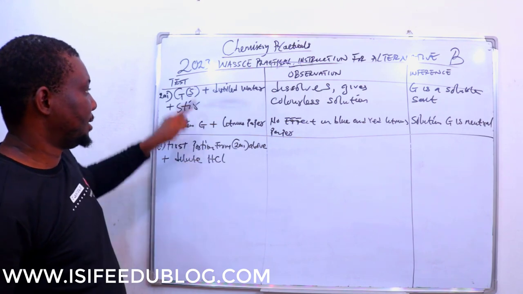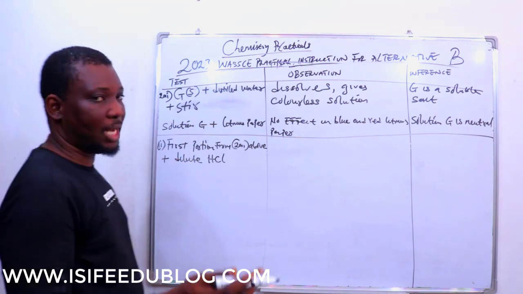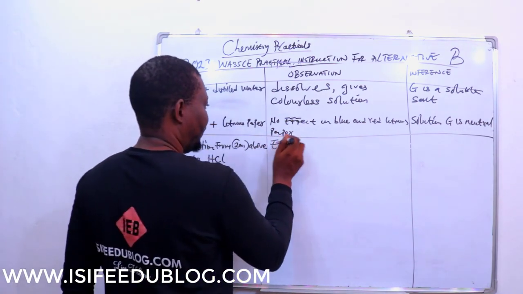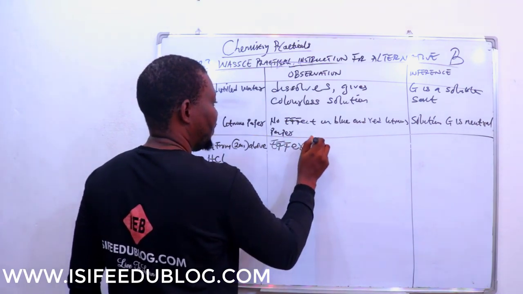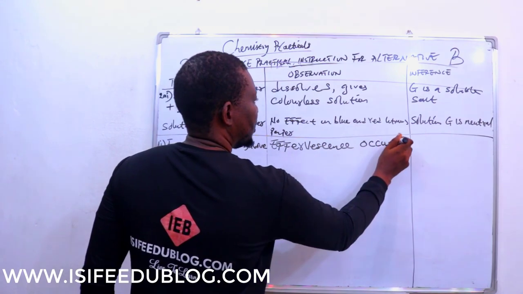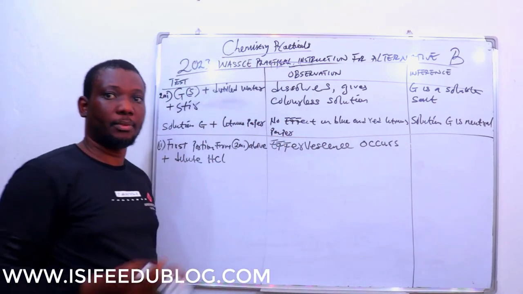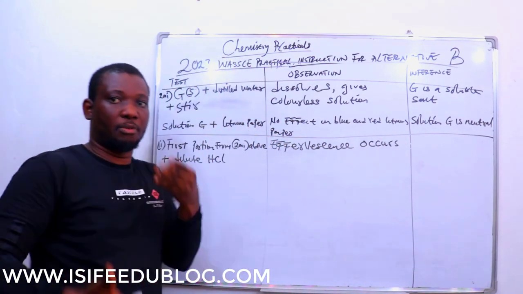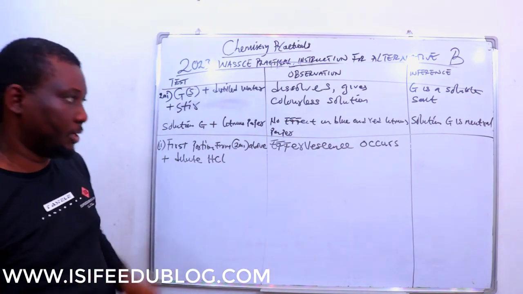So once you add this HCl, what happens? You now see that effervescence occurs. This is the first thing you see. You see bubbles coming out from the liquid. That's what effervescence means.